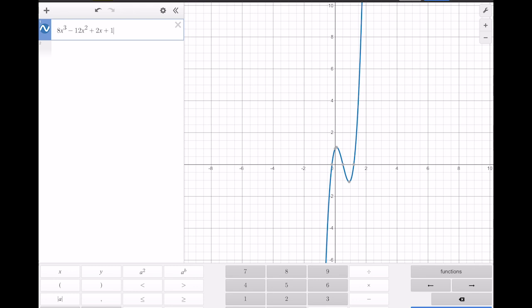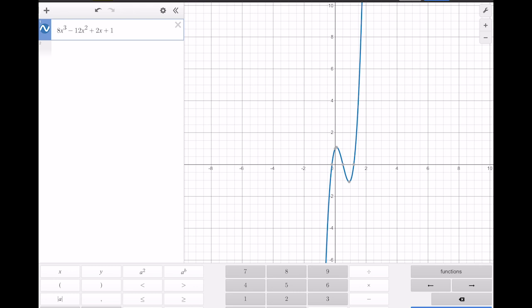Now, what is something that we notice about this? As x gets really large, as we move from the origin to positive infinity in the direction of x, so to the right, the graph is going upwards. And as x is getting smaller, as you go to the left, the graph is pointing downwards.